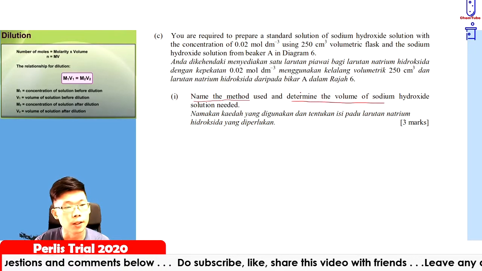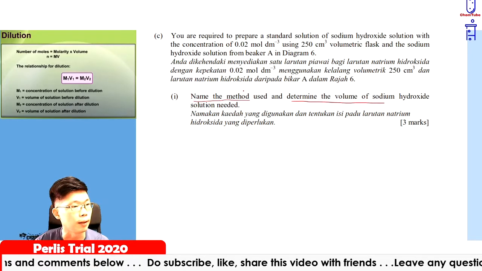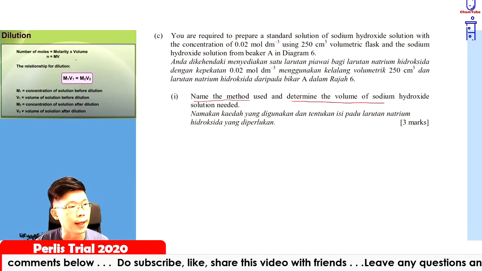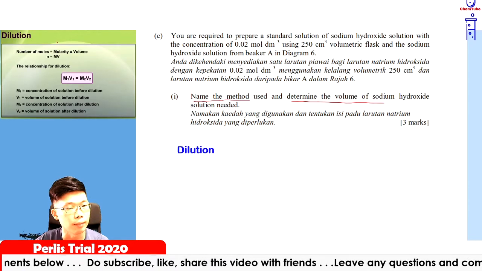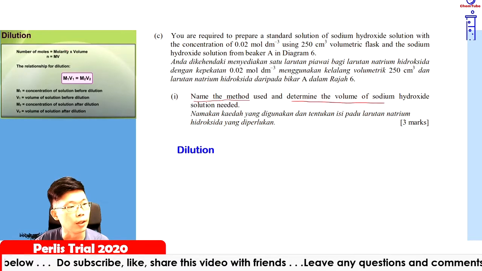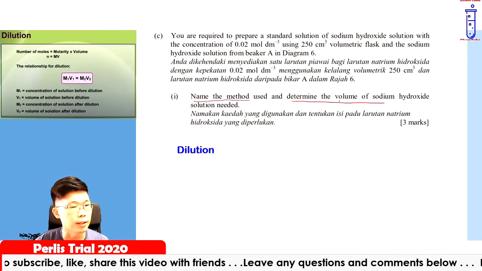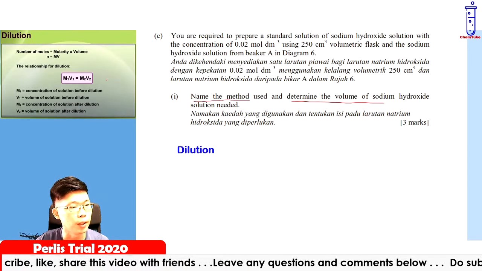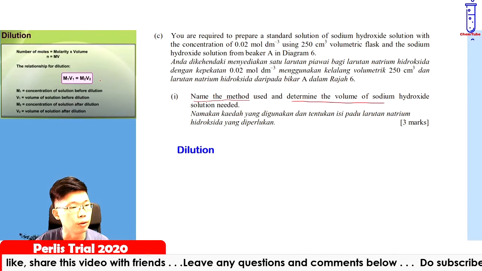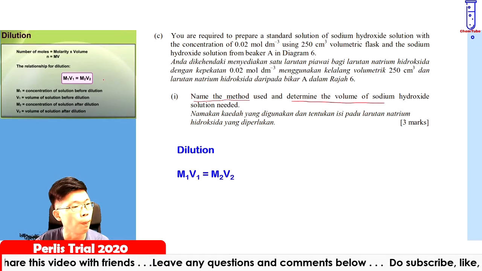For these questions, we have to use the dilution method. In order to calculate the volume of the sodium hydroxide solution needed, we have to use the formula M1V1 equals M2V2.